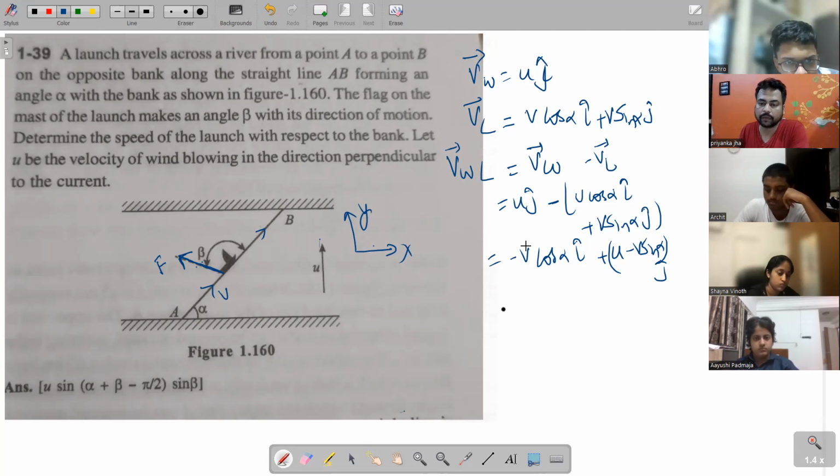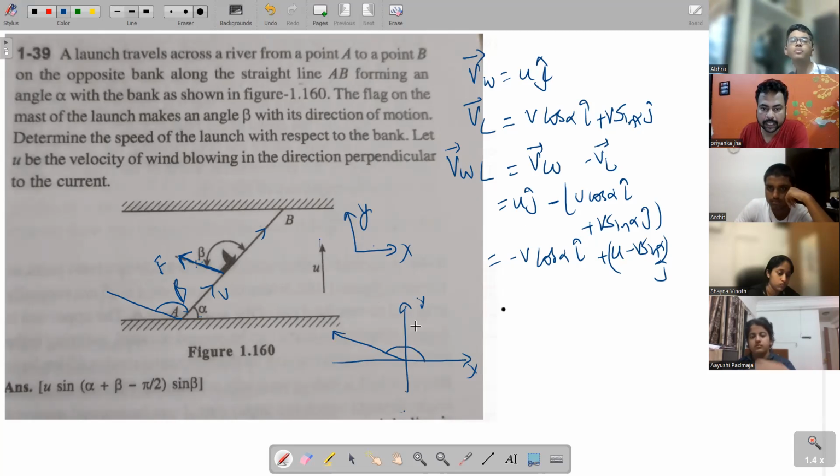So for this vector in this direction, what will be the net angle? If you shift this vector parallelly, you can see that this angle is beta and this is alpha. So this is x, this is y, and this is your vector, and the complete angle is alpha plus beta. So this angle is pi minus (alpha plus beta).